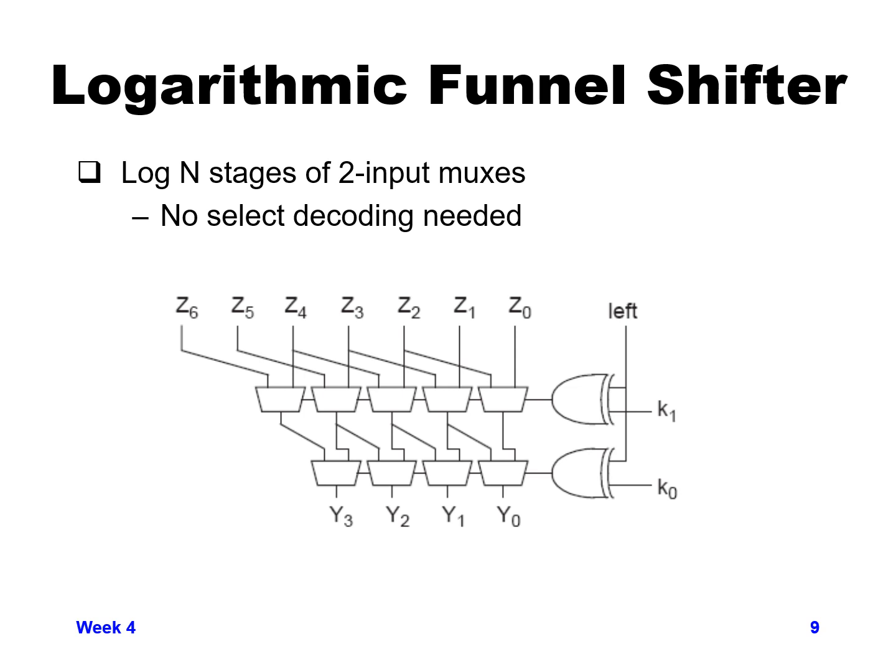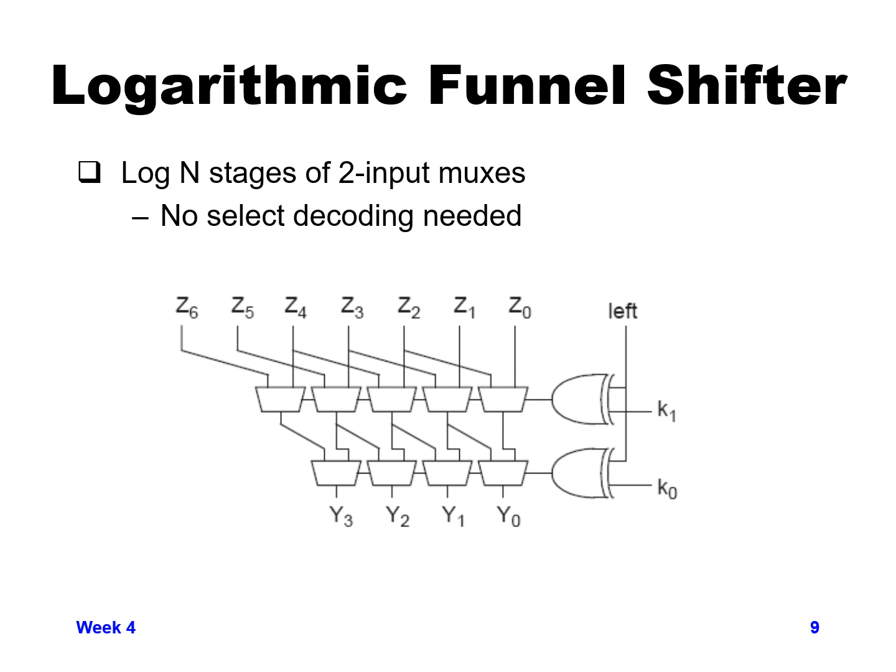And that is something that in modern process technologies you probably wouldn't be able to actually do. It would just have too many problems doing a 32-to-1 mux, and doing 32 of them would take up a lot of area. So a solution to that is to use what's called a logarithmic funnel shifter.